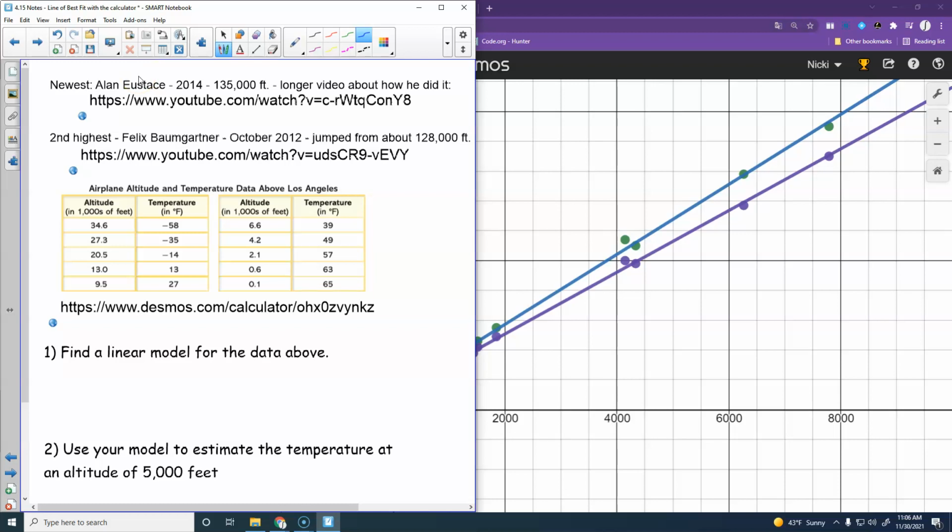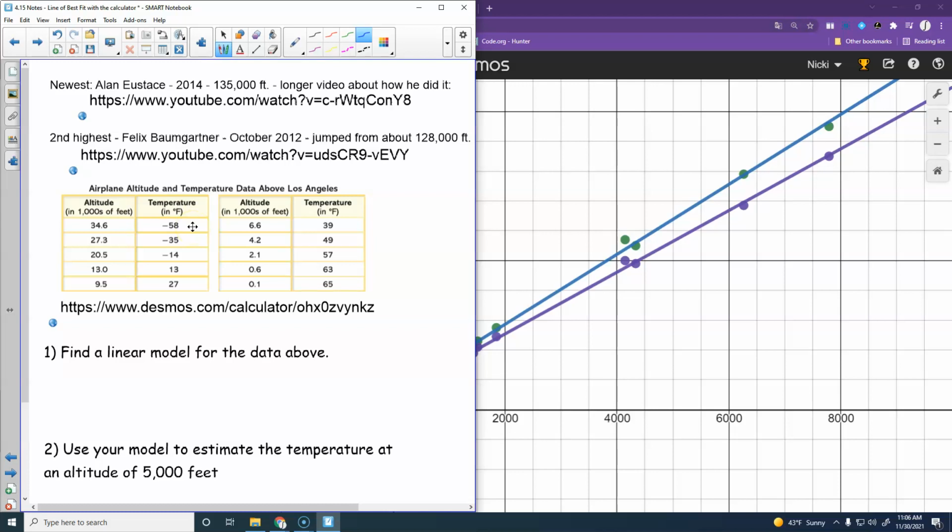So, one thing that has to be considered is temperature. Whenever you start getting up to those heights, the temperature on this chart right here at 34,000 feet, which is not even close to as high as these guys were, is negative 58 degrees.